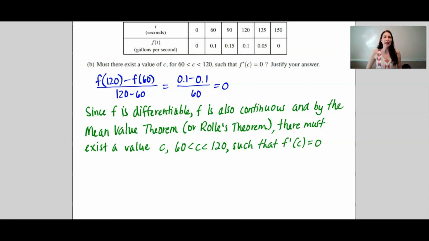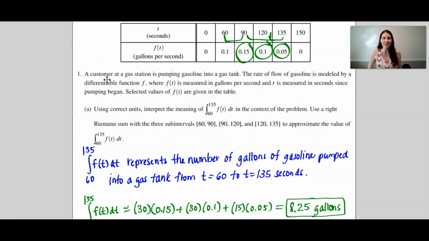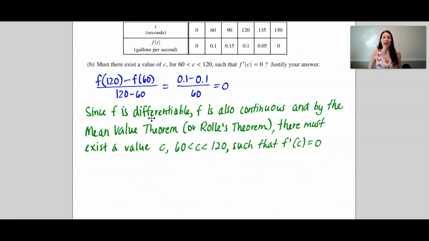This is when I clicked back to part A and saw that, yes, there is a differentiable function f. Great, f is differentiable, and if a function is differentiable, that automatically means f is also continuous. So since I can now use the mean value theorem, I'm going to find the average rate of change: f of 120 minus f of 60 over 120 minus 60.